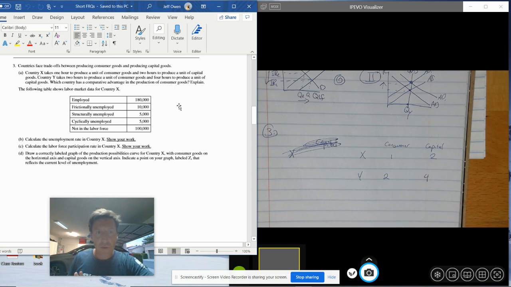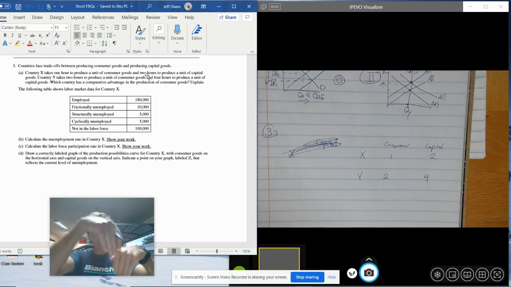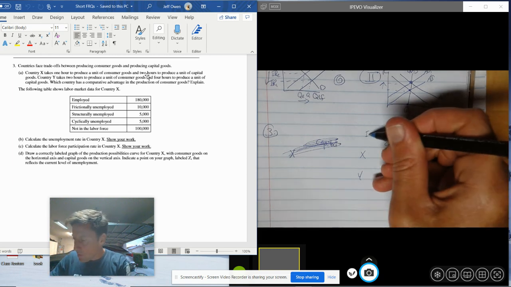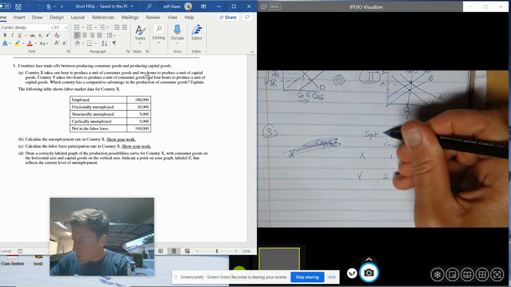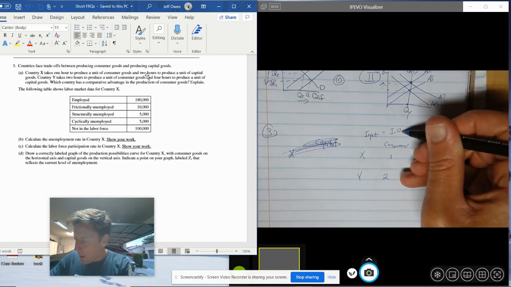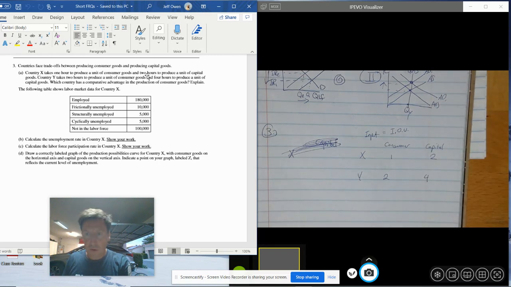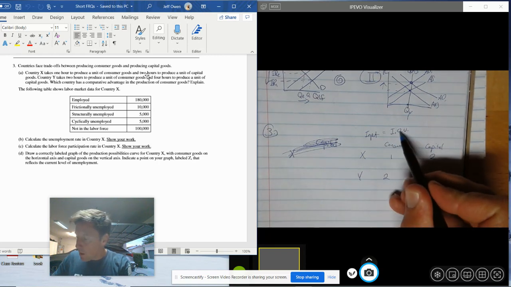So right off the bat, they said produce a unit in 1 or 2 hours, right? The constant is the unit, and the variable is what goes in. So it's the labor input. So this is an input question. With an input question, we put our acronym IOU right up center stage so we don't mess it up. Input, the other goes under.